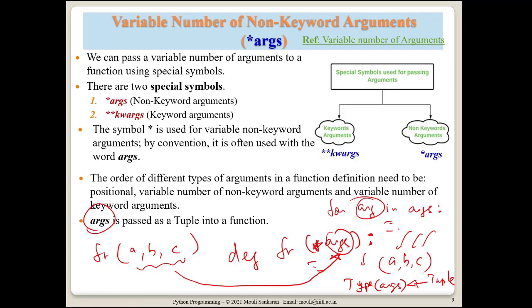So in a nutshell, a variable number of non-keyword arguments are passed as a tuple object by packing all the arguments into a tuple, and you unpack it inside the function. Okay, you pack it here, you expand it here.